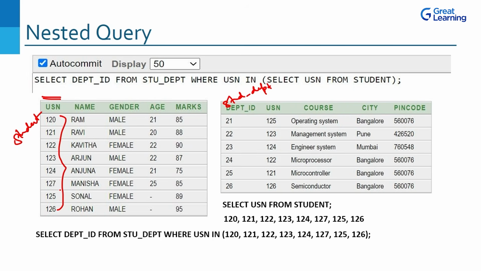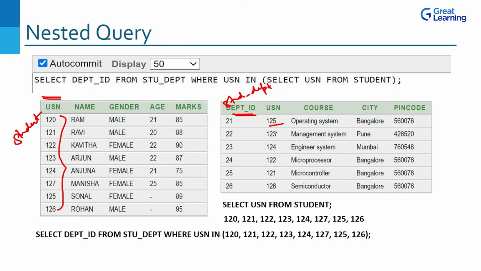Now what is happening here? Basically all those values are now coming in a bracket within the IN operator, right? And what does the IN operator say? It says that all these values should be matching. So 120 should match, 121 should match, 122, 123, all these values should match. So from the department ID which is here, which all USNs are matching?